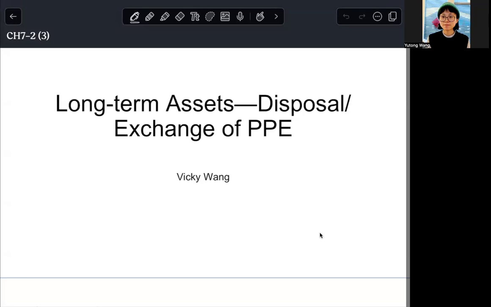Then we get the depreciation expense every year. For the second method, double declining balance, we calculate the depreciation rate of every year. That's equal to 2 divided by the service life. That's 2 times the depreciation rate under the straight line method. Then you times the book value at the beginning of this year. Then you get the depreciation expense for this year.